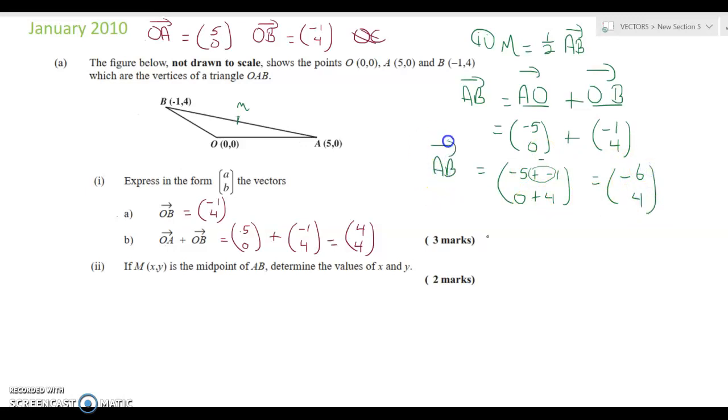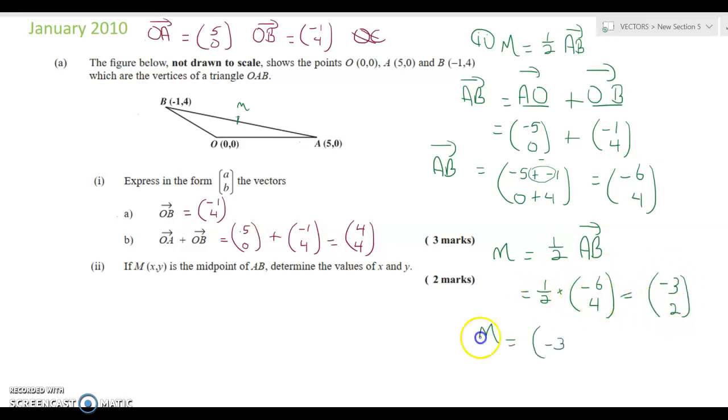Now we could say, okay, well M is the midpoint, half of AB. So we could say a half times (-6, 4). So as coordinates, we write it as (-3, 2), negative 3 is the x value, my x is on top, and then 2. And that's the answer there.